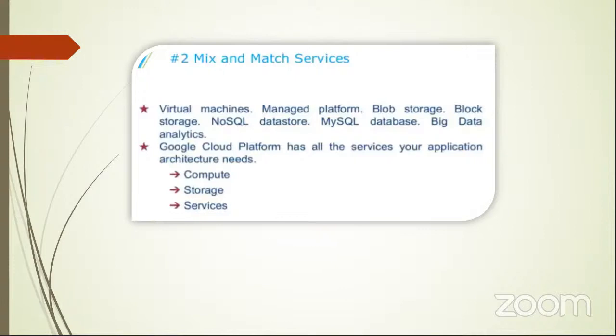And then you require storage. I mean, how many hard drives would you require on that particular machine so that it can have all the logs or data. So that is also provided by Google. And the other are services. Suppose you require any particular service for your case, it's all available in the cloud, right?